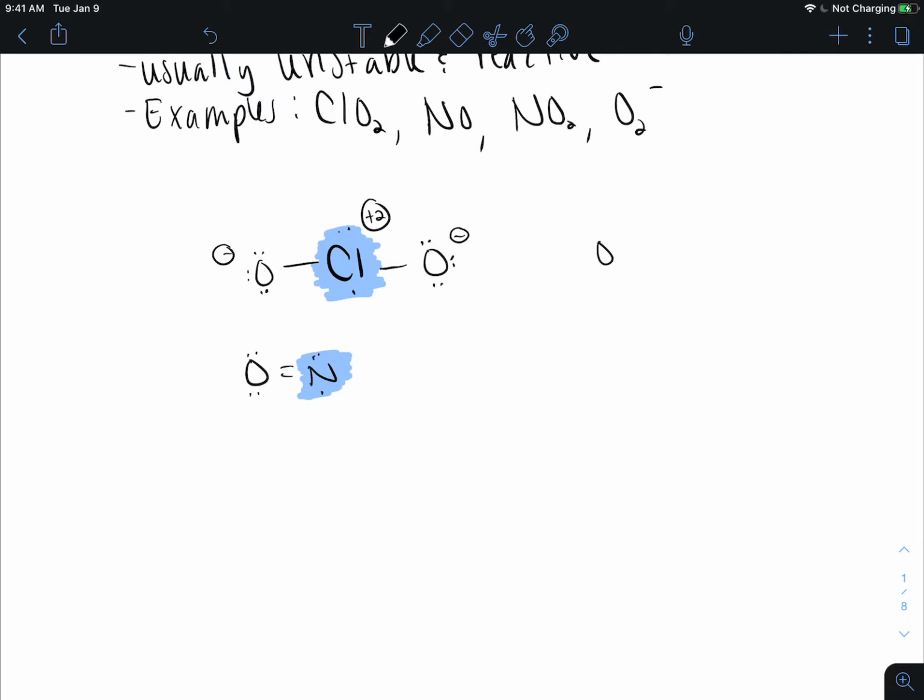NO2. Here we have a positive here and a negative here. And again, here's where we're lacking the octet by one electron.